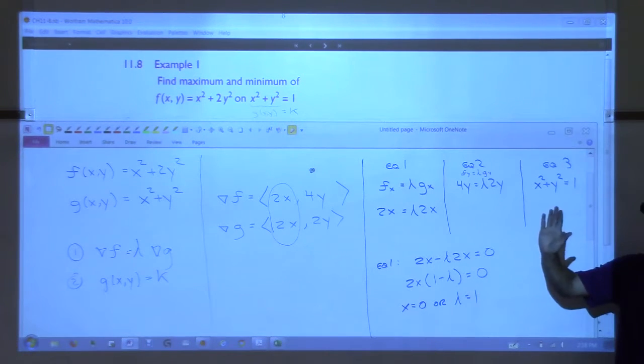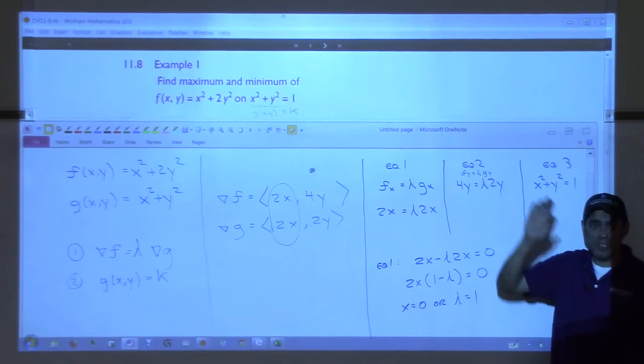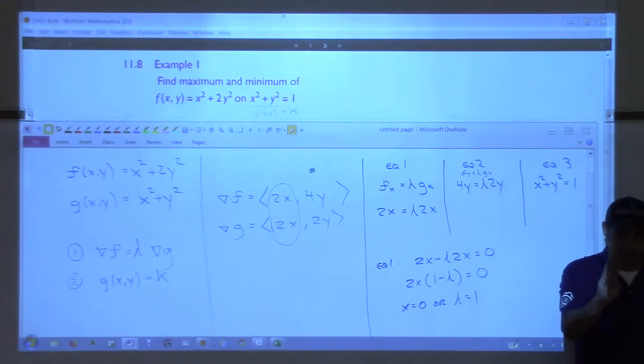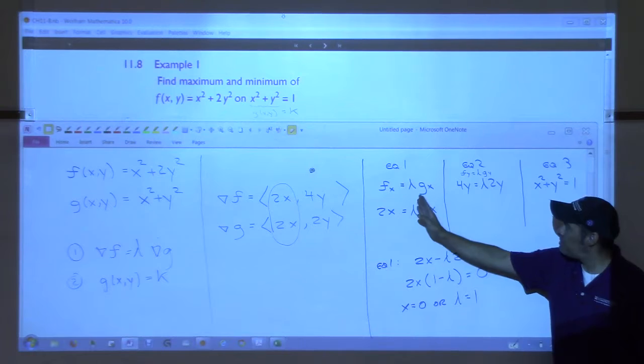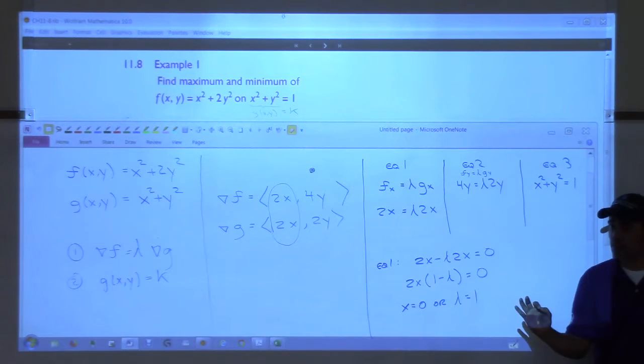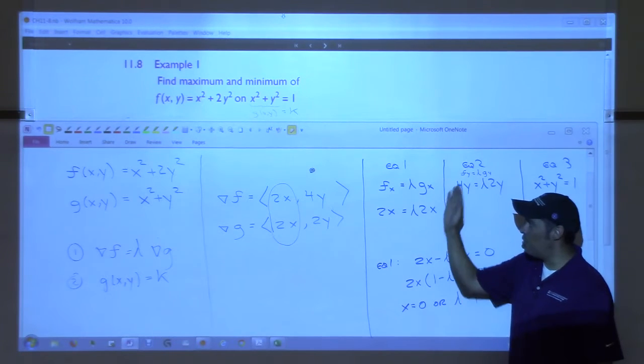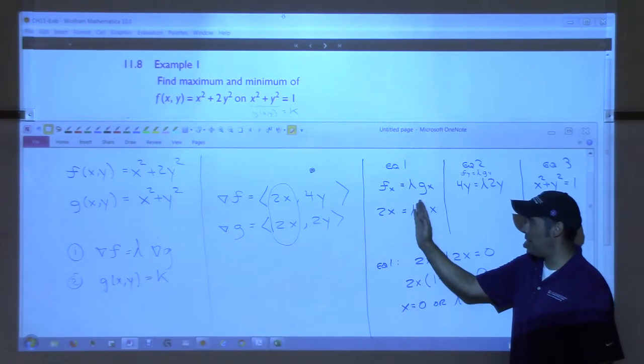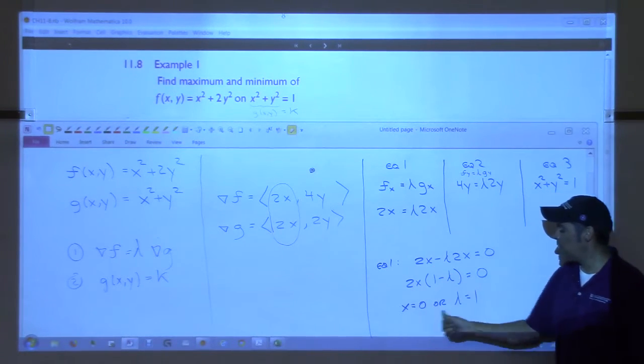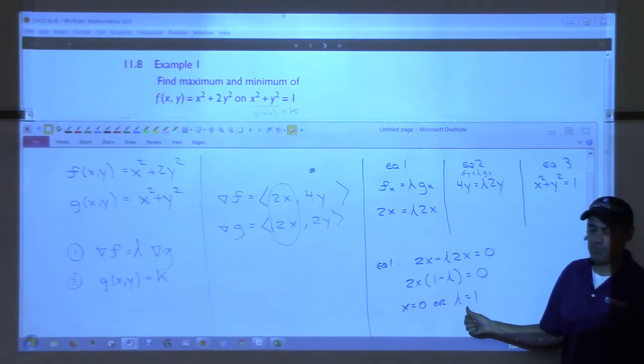So our goal, remember, don't lose sight of this, is that we must find an x, a y, and a lambda that satisfy this, this, and this simultaneously, all right? So we are saying right now, in order for this equation to be true, one of these two things has to be true. Okay, so where do we go from here? There's kind of different paths you can go.